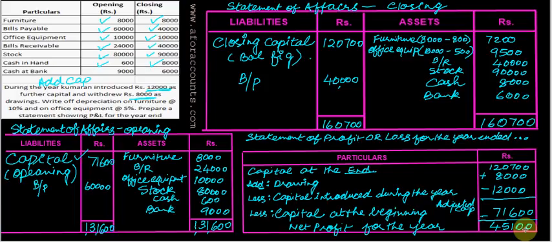Okay. So you saw that I was not given opening capital, neither was I given closing capital. So I had to make both the statements of affairs and then I had to prepare the profit or loss statement. 116,700 less 71,600 is 45,100. So my adjusted capital is 116,700.